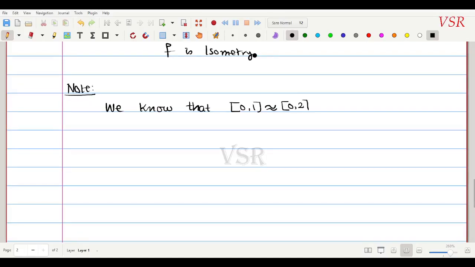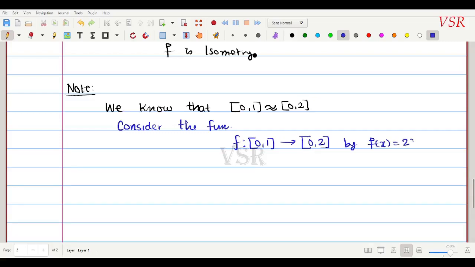Okay, it is homeomorphic. How do we say it is homeomorphic? Consider the function f from the closed interval [0, 1] to the closed interval [0, 2] by f of x equal to 2 times x. I have defined it like this, f of x equal to 2x.